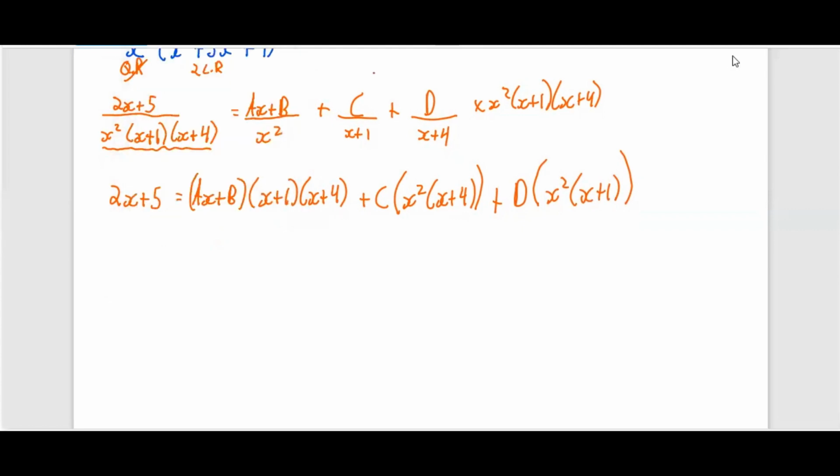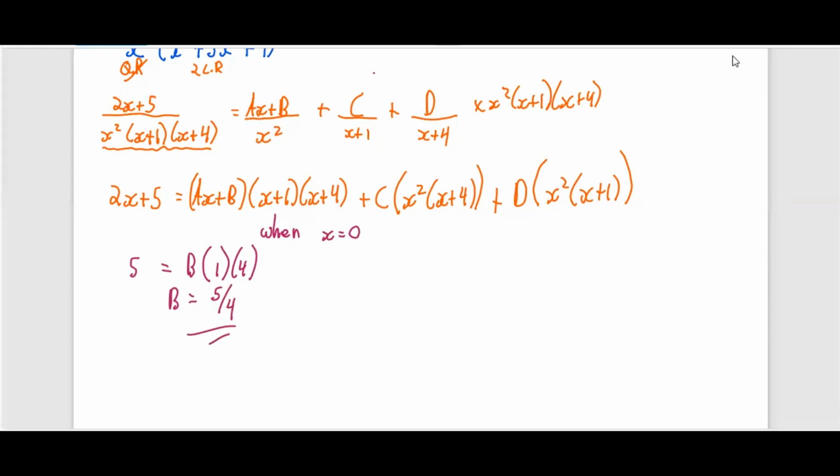If I let x equal 0, this will go, this will go, and the A will disappear, so I'll be left with B. So when x is equal to 0, the left side will be 5, so 5 will equal B times, but the A will disappear. 0 plus 1 is 1, and 0 plus 4 is 4. So therefore, B will just equal 5 over 4. Yeah, so that's good to start with.